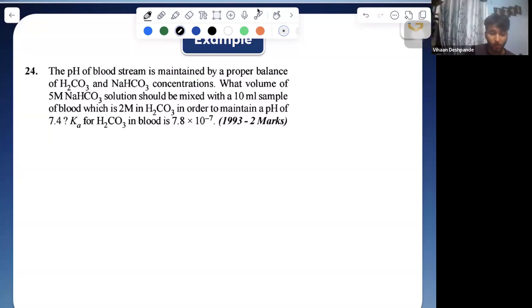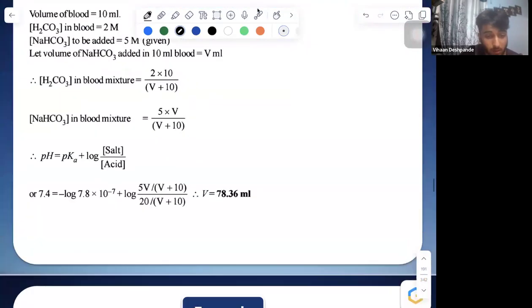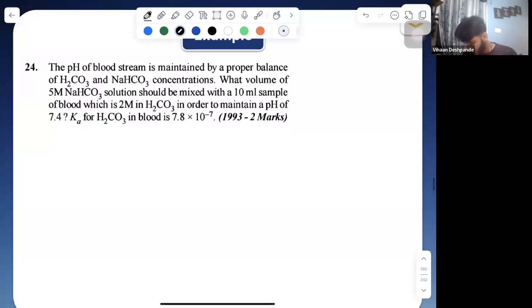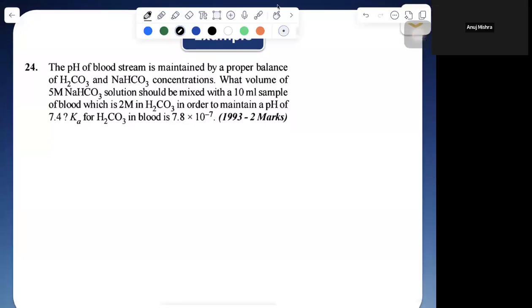Sir, I'm getting 4.2 into 10 power minus 4. Volume, you're getting that.